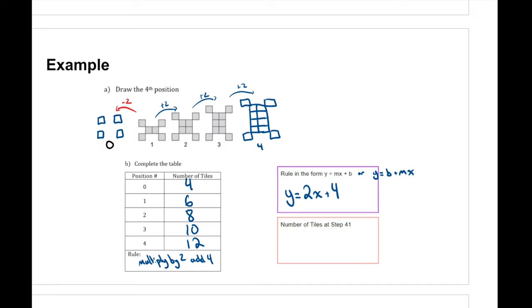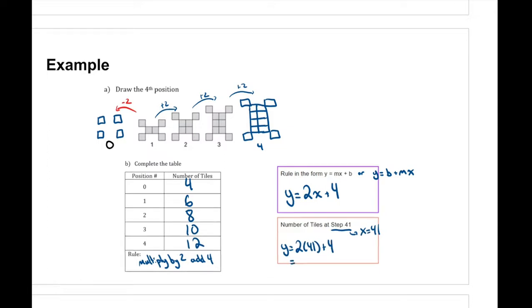Because for every pattern or every position number, we're multiplying by 2 and we're adding 4. So when we get to the number of tiles at step 41, this value here tells us that x equals 41. So in our case, y equals 2 times 41 plus 4.